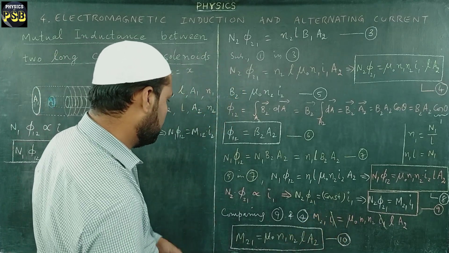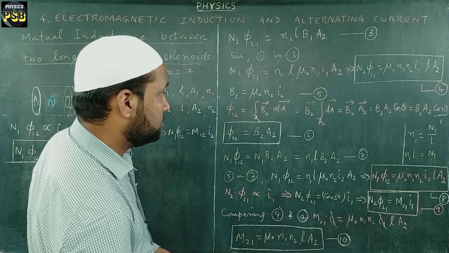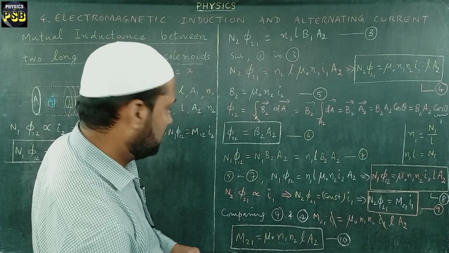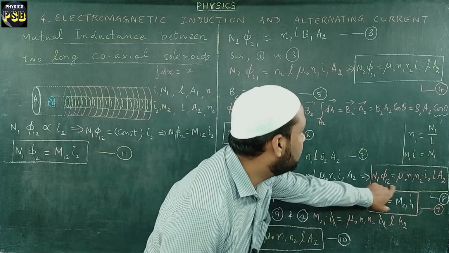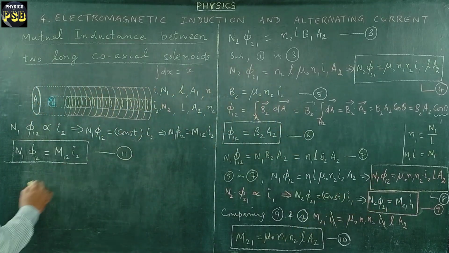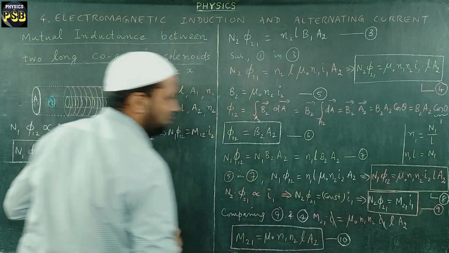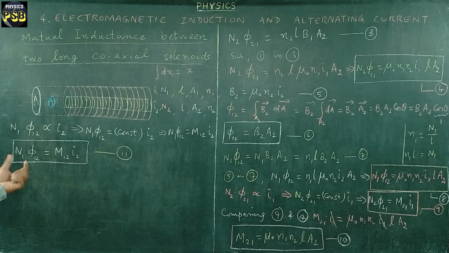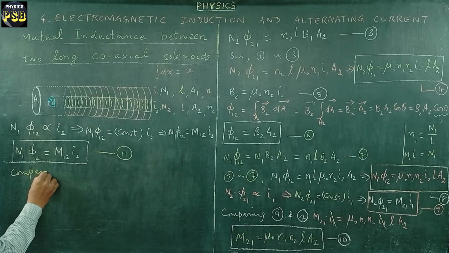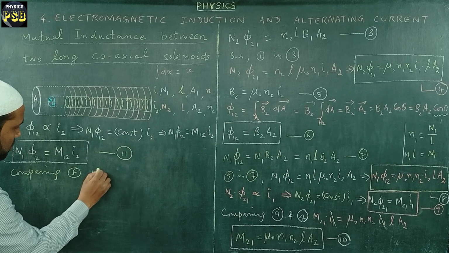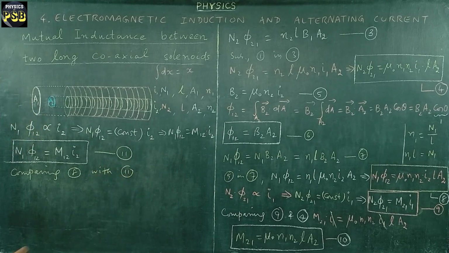Not equation 9, it's compared with equation number 8. Sorry. So comparing, the reason is if you compare 8 and 11, you'll find that both of them have the same term on the left hand side. So they are compared. Comparing equation 8 with 11, so what I'll get?